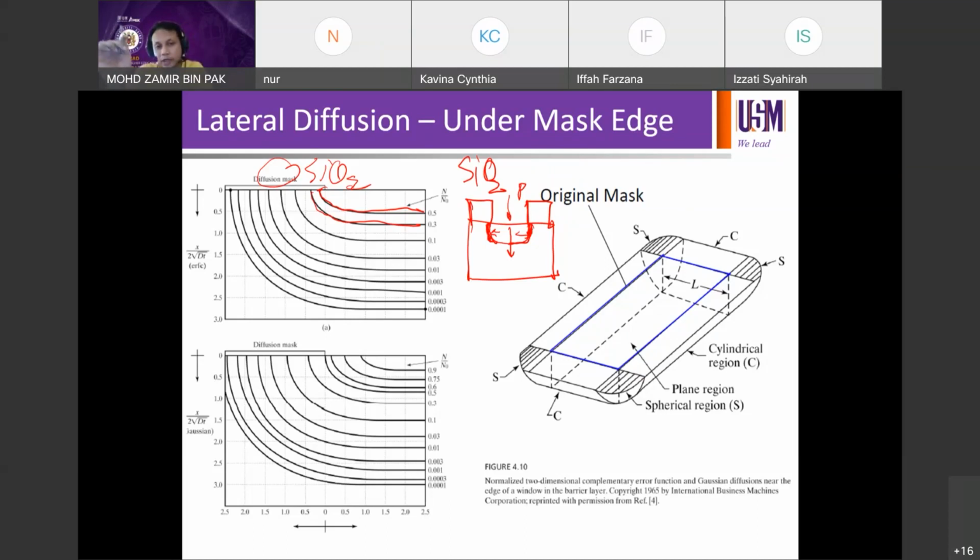At that point the profile control will be super critical, so as not to introduce leakage current or something, on the diffusion profile. So you always have the profile for error function and also for Gaussian. Yes, there will be a lateral component.